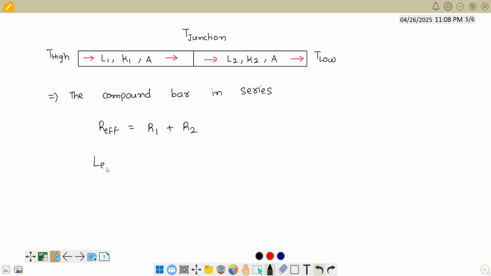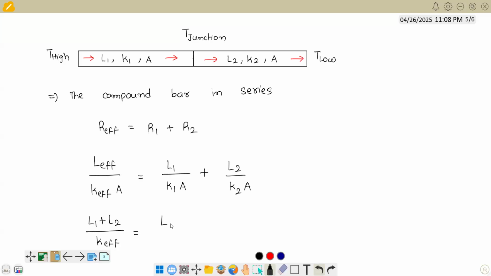Resistance is L effective by K effective into A, equals, most of the time they have the same area, L1 by K1 A plus L2 by K2 into A. Now L effective would be L1 plus L2, divided by K effective, equals L1 by K1 plus L2 by K2.